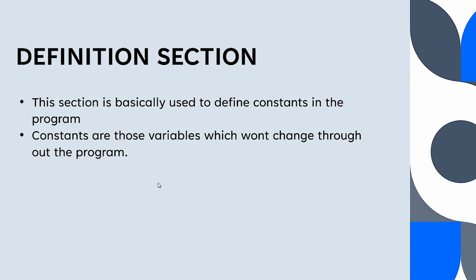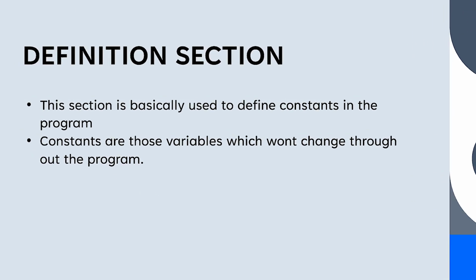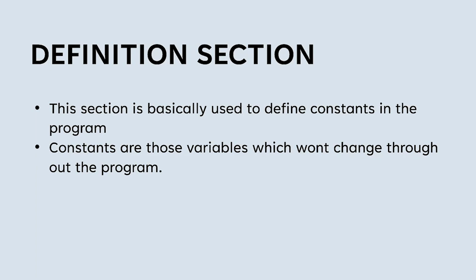Coming to the definition section, this section is basically used to define constants in the program. As we already know how to declare a variable and initialize a value to it, what if we want to declare a variable with a particular value which won't ever change?